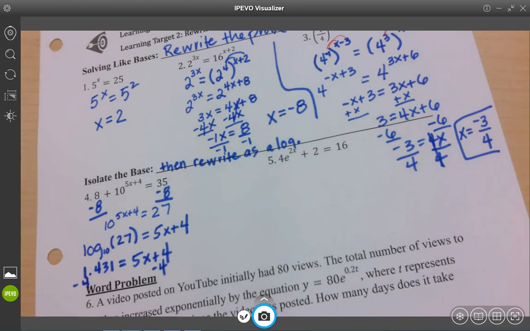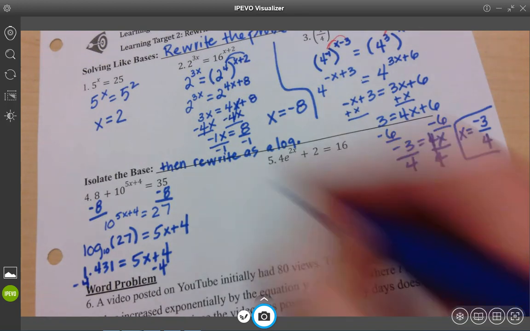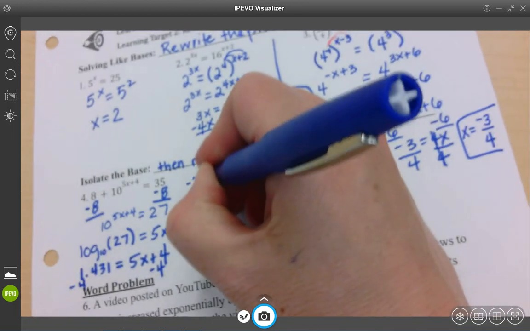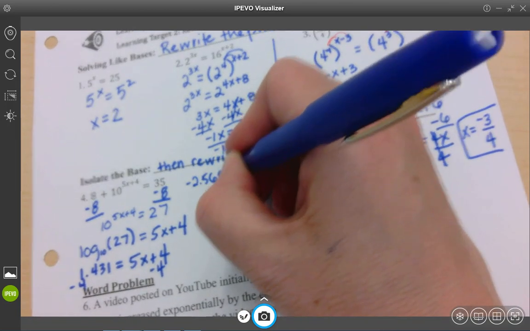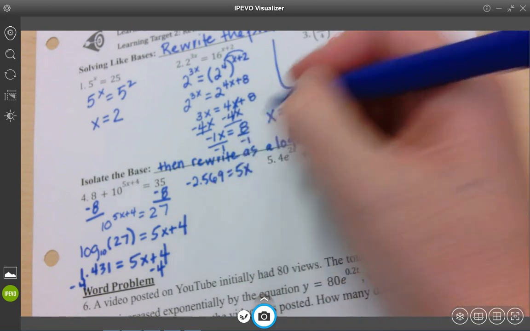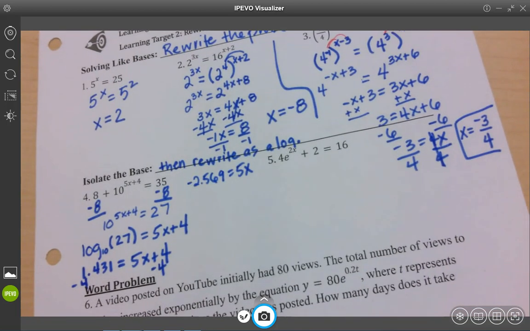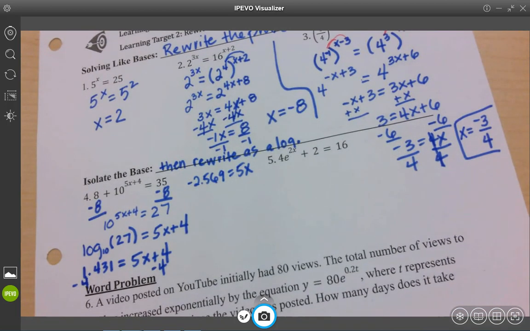I get negative 2.569 equals 5x. All right, and then how do we undo 5 times x? Divide, good.